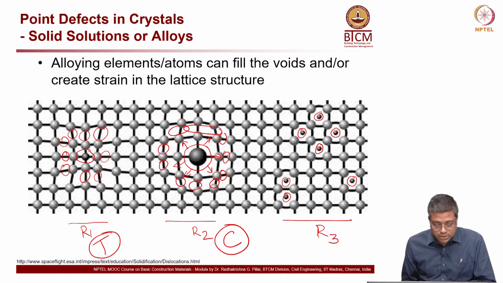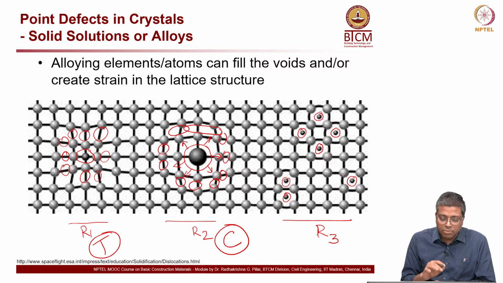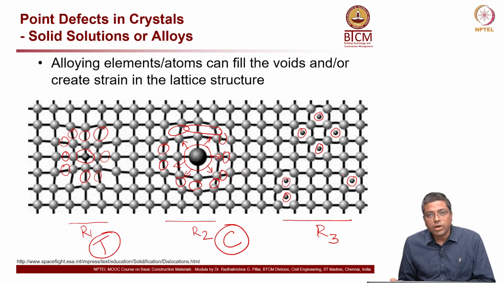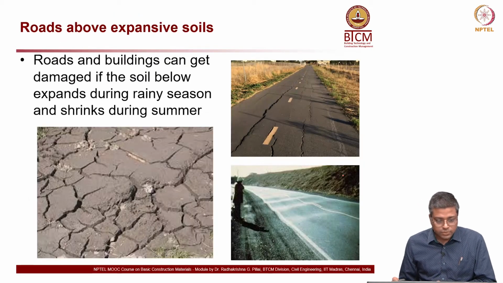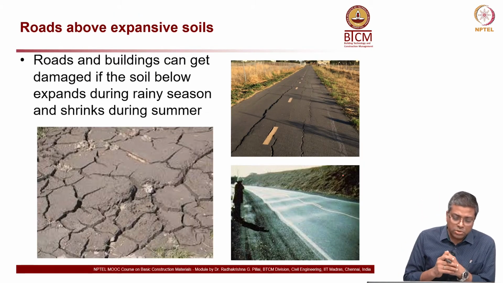So, all that is a different thing, but this kind of alloying or addition of impurities into the lattice structure will have significant influence on the various material properties. Now, I am going to explain about this substitutional type defect.